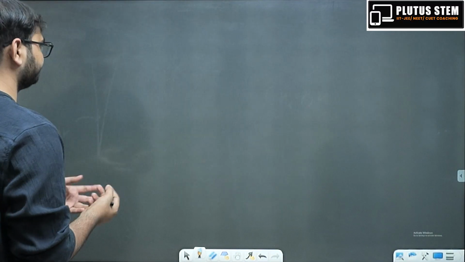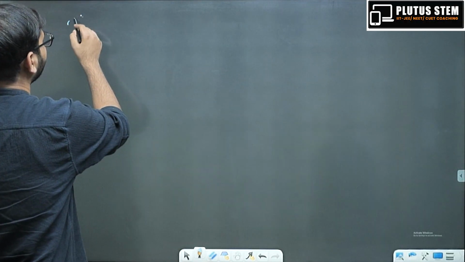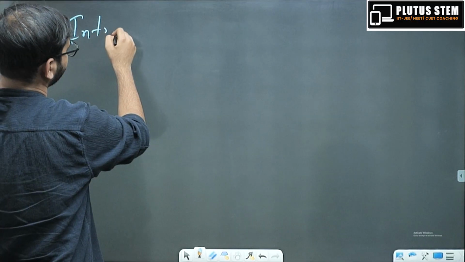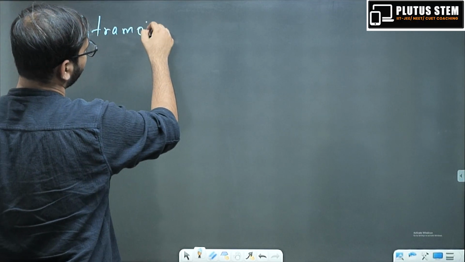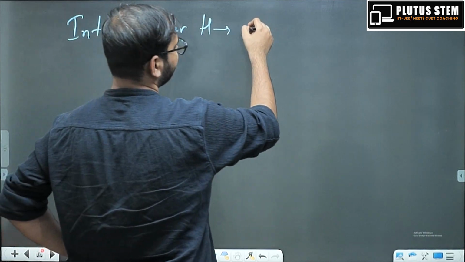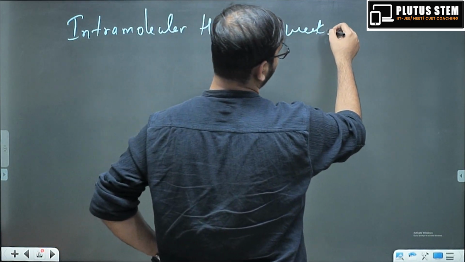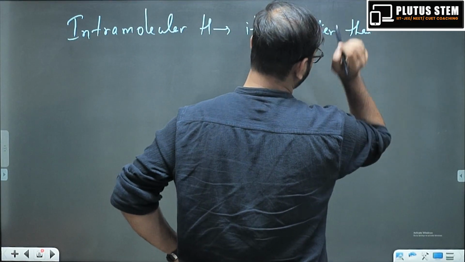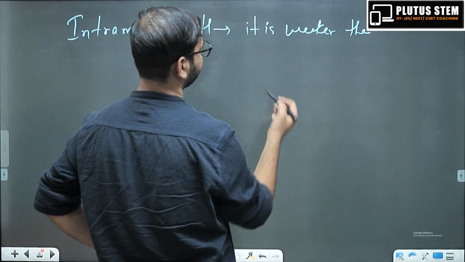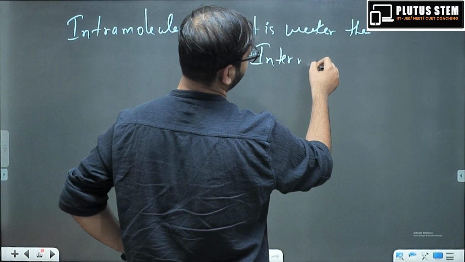Now another one: intramolecular hydrogen bonding is weaker than intermolecular hydrogen bonding.